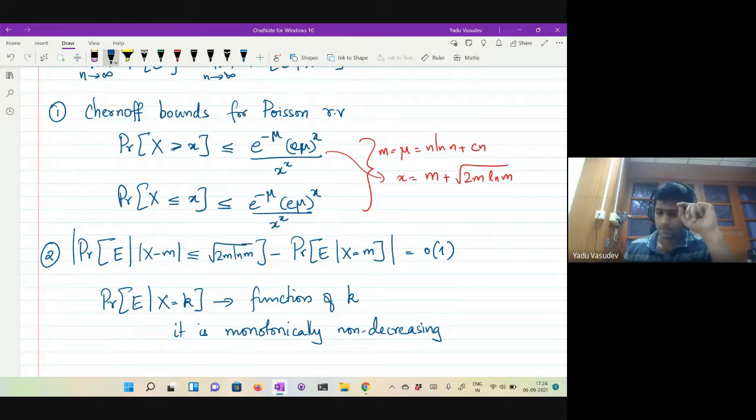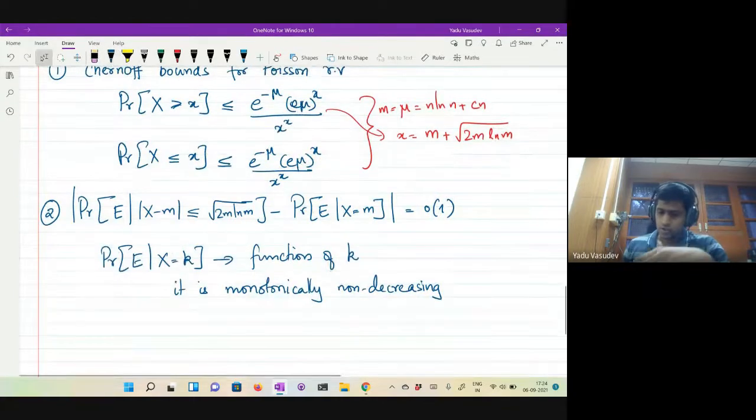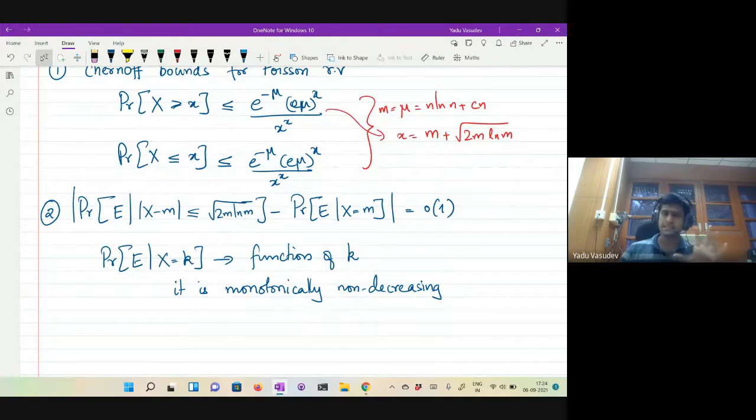Here x is the number of balls, and E is the event that every bin contains at least one ball. Now, what is the probability of E given that the total number of balls in the bins is equal to k? I can think of this as a function f of k, and what we want to observe is that f is monotonically non-decreasing, right?